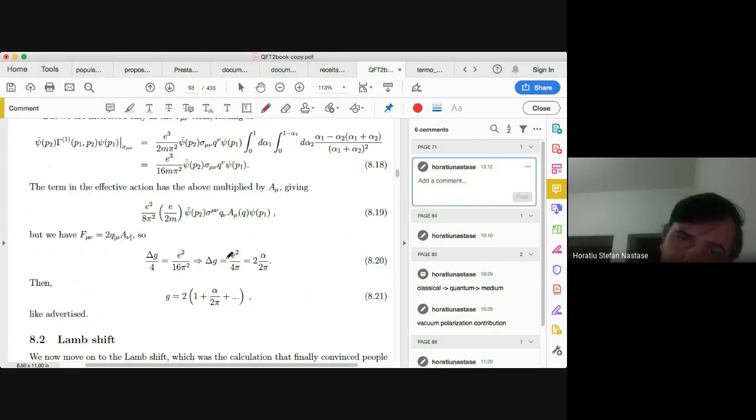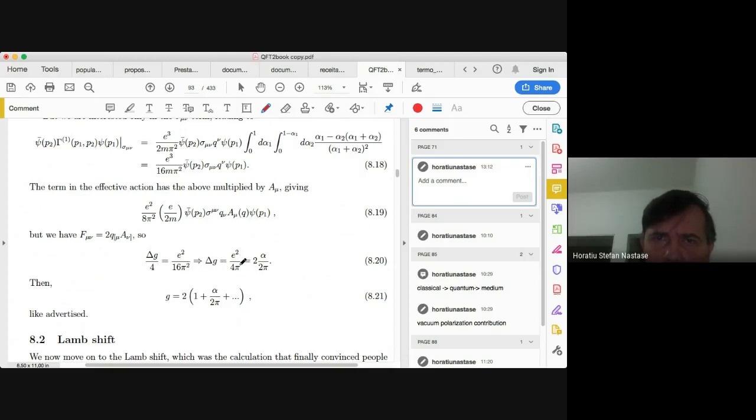That means the delta g is e squared over 4 pi squared, or another way to write it, since, oh no, sorry, I just made a typo.